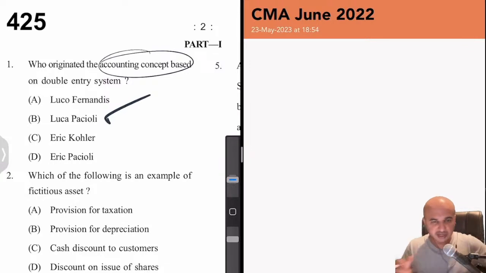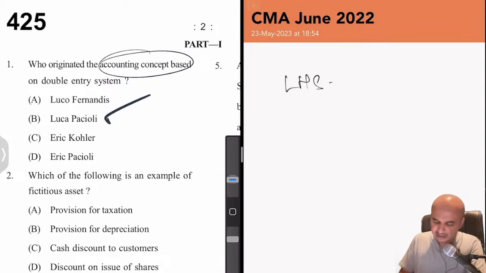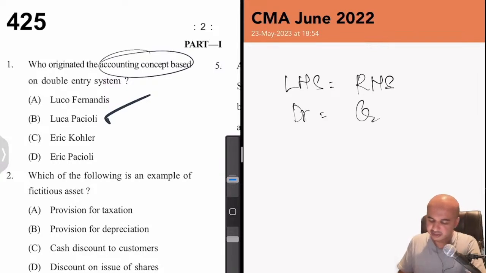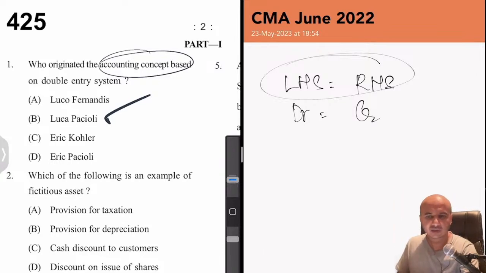In fact, this entire double entry system is nothing but what we say in mathematics, wherein we say LHS equals RHS, just that in accounts we call it the total of debits equals total of credits. So everything is based on this LHS equals RHS concept. Nothing new there, but very neatly done as far as the double entry system is concerned. So that was Luca Pacioli, an Italian monk or mathematician.